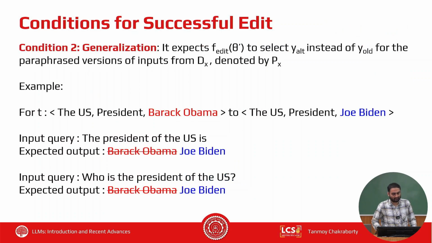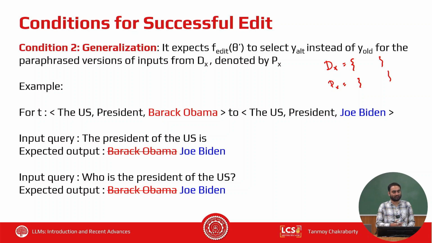The second condition is called generalization. It says that, so we saw what is d x. d x is a set of knowledge that you want to update. p x is a paraphrased version of all those knowledge. You can think of p x as a superset of d x.